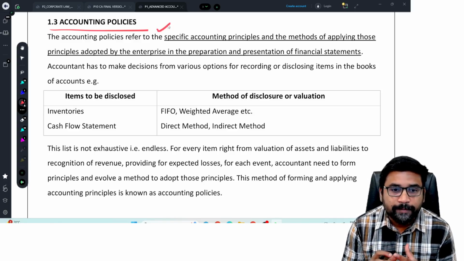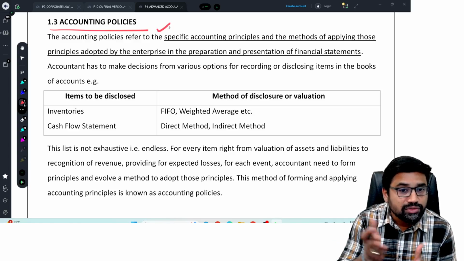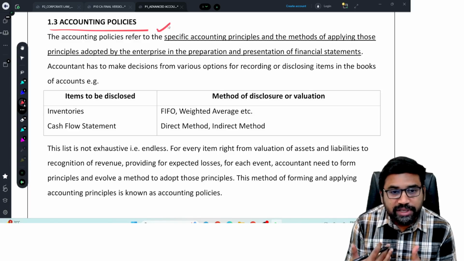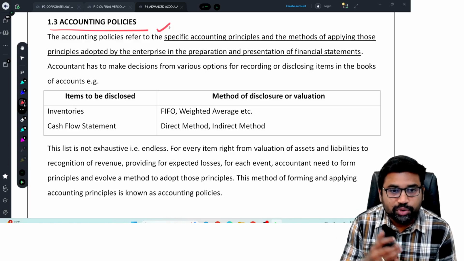Accounting policies are specific accounting principles and methods of applying those principles which is adopted by the enterprise in the preparation and presentation of financial statements. So what are accounting policies?